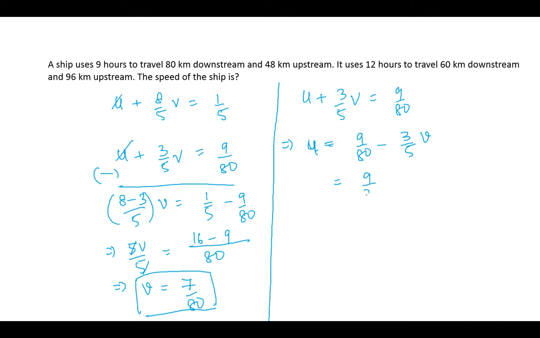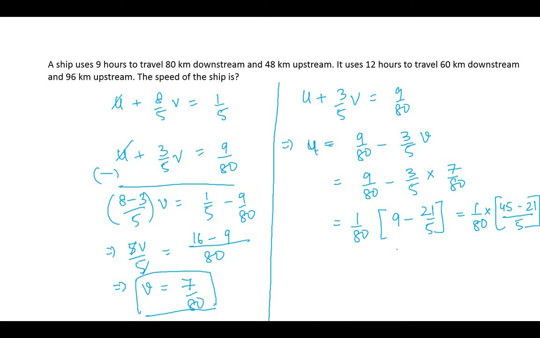Let me put the value of v. So this is 3 by 5 into v, which is 7 by 80. Now we are seeing that there is a 1 by 80 common in the denominator. We can obviously take that out. I'm left with 9 minus 3 into 7, 21 by 5. So this used to be 1 by 80 into, taking the denominator common, 45 minus 21 by 5. This is equal to 1 by 80 into 24 by 5.